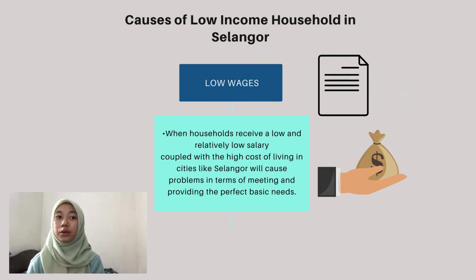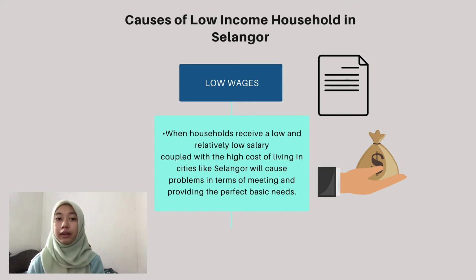Low wages are also the cause of the high rate of indebtedness among the urban population, which affects low household income. Low wage rates make it difficult for the population to enjoy a better and more comfortable life and they are plagued by poverty.